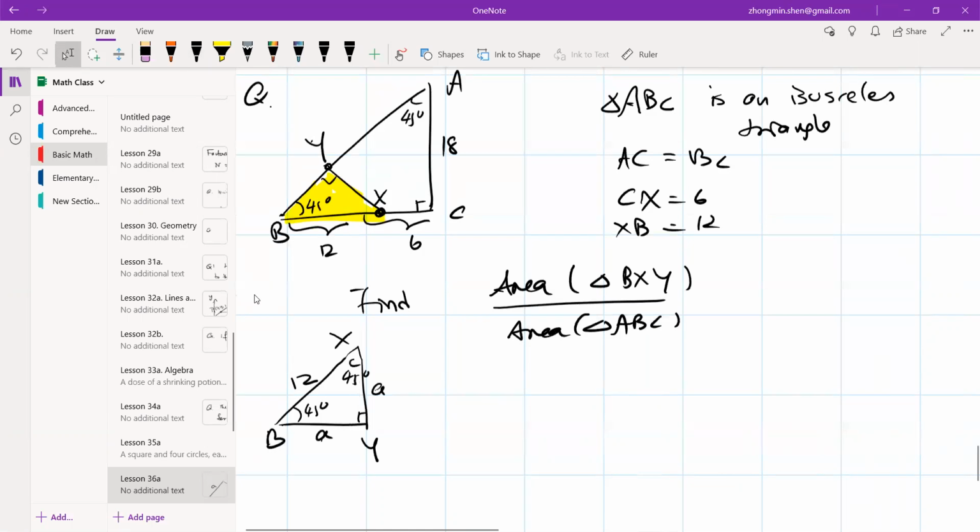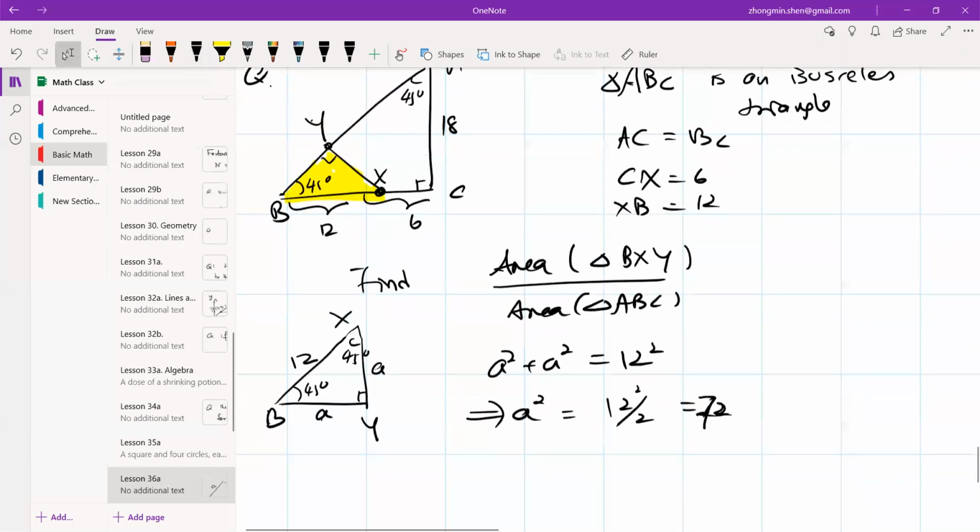Yeah. So A squared plus A squared equals 12 squared. So in other words, A squared equals 12 squared divided by 2. Okay. So it's going to be, I think it's 72. Okay. A squared is 72. You don't need this A, just the square.